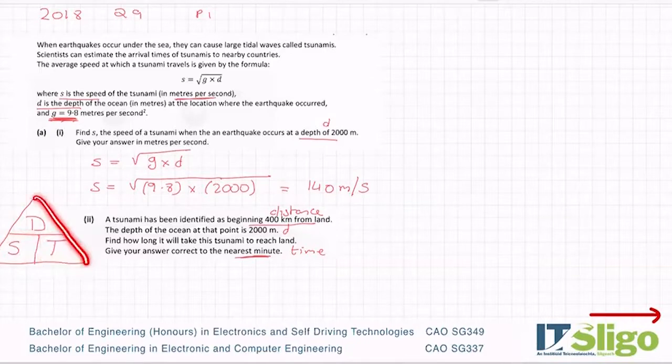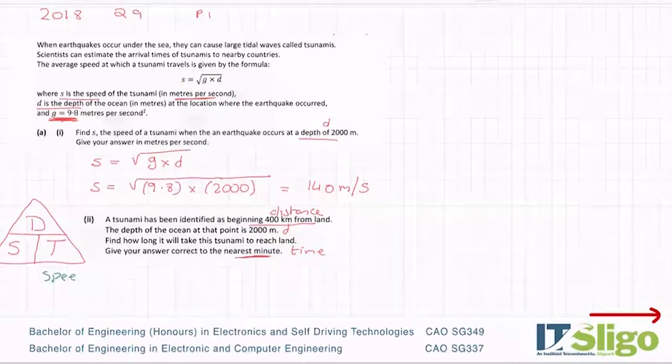So I always have that formula at the back of my head when I start to see questions about distance and speed, and I have speed up here and time. And it is indeed that. So you'd see that this depth is the same depth that's in this question. So the speed at that depth is 140. So I know that the speed at 2,000 meters is 140.